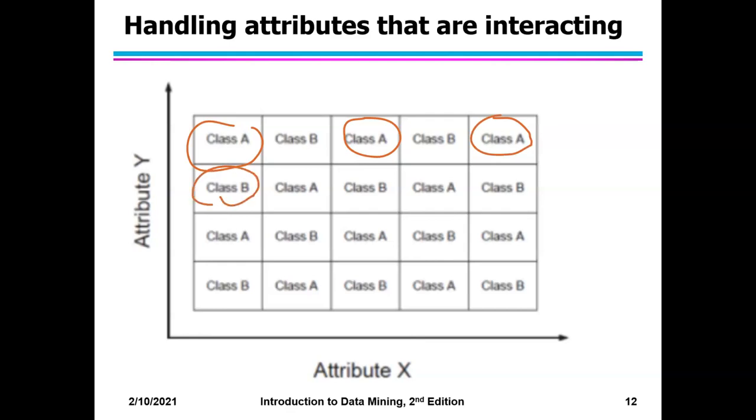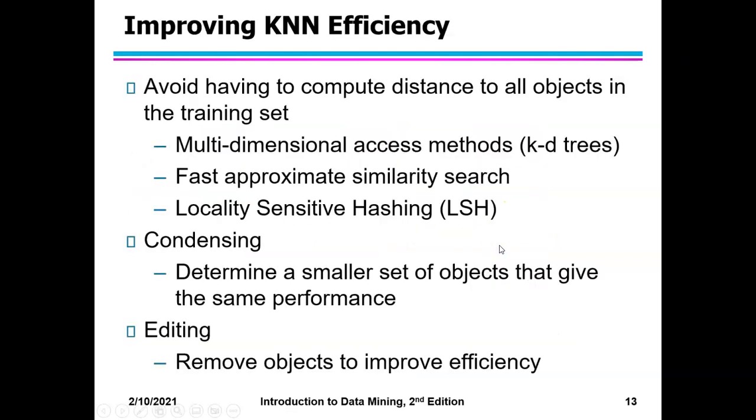If it is class B, it interacts with A, and there is a specific pattern for B. Similarly for this one, and similarly if you start with B as well. So this is how two classes interact and how we can handle it in graphical form.